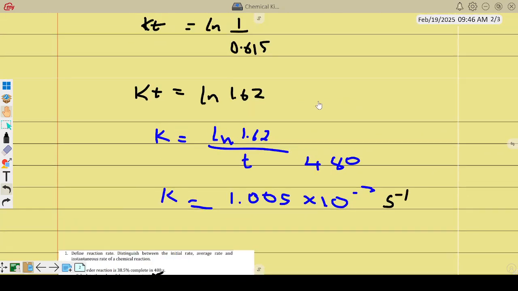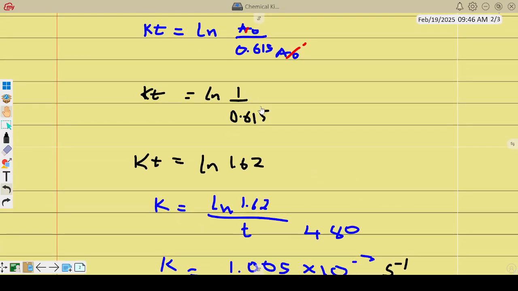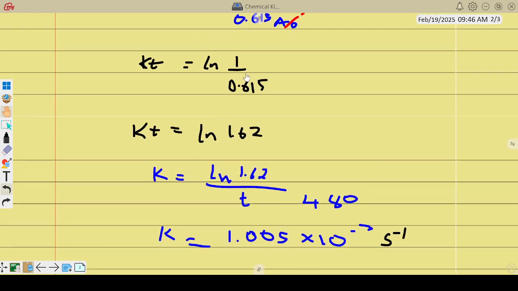Let's revisit just here. What do we get when we say 1 divided by 0.615? Okay. So, this is why there was a slight mistake.